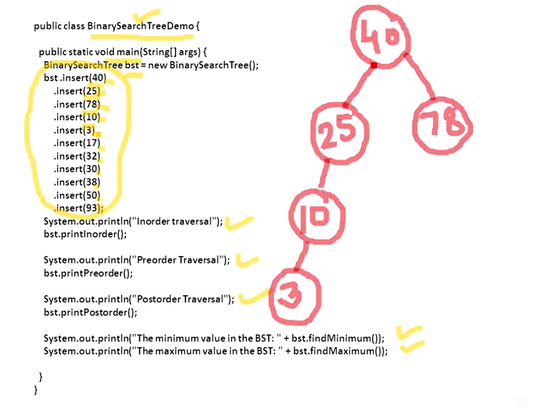And then you have 17. So 17 will be right of 10. Yes. So here you have 17. Now next is 32. So where do we have 32?